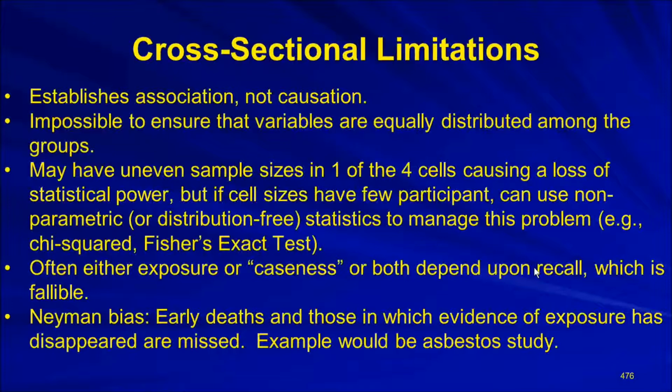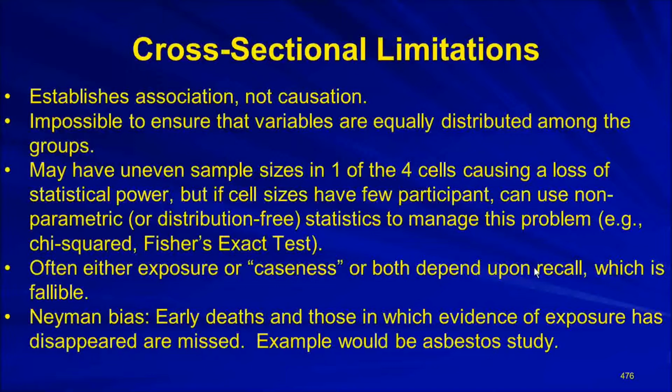So this says that with the Neyman bias, early deaths and those in which evidence of exposure has disappeared are missed. So if you die early from the problem that you're investigating, you obviously can't be included in the sample. So that's going to deflate the association between the variables.